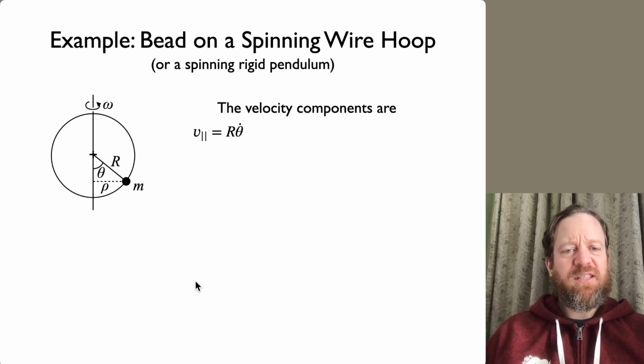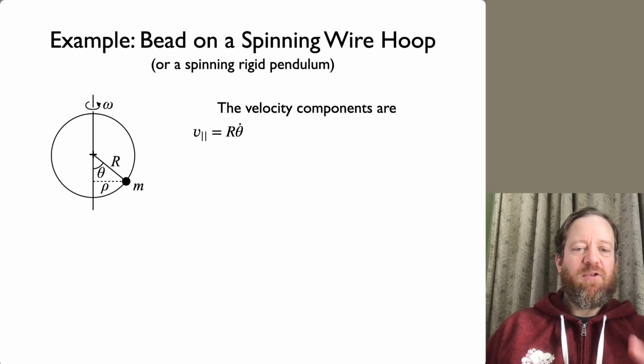I'm going to consider two different speed components. We're going to consider the parallel component, which is the component that goes along or parallel to the wire itself. That's just going to be given by the usual equation, which is r, the radius of that motion as it's going along the wire hoop, times the angular speed, phi dot.